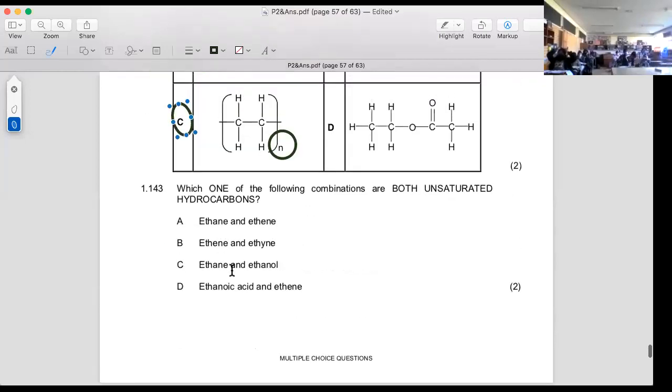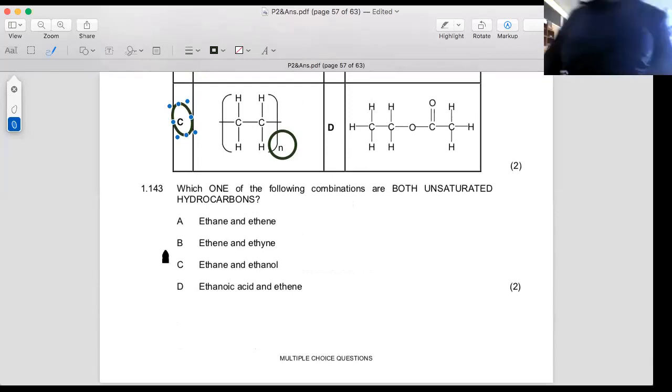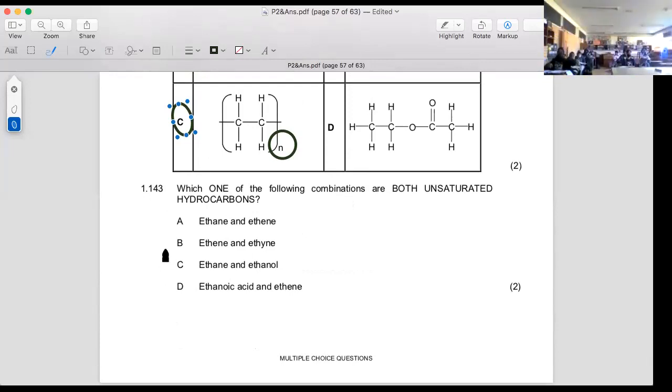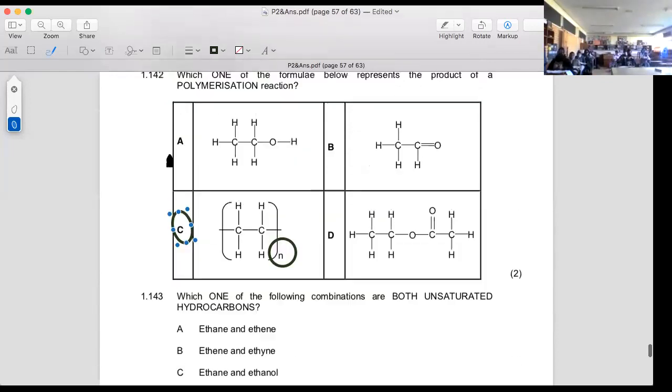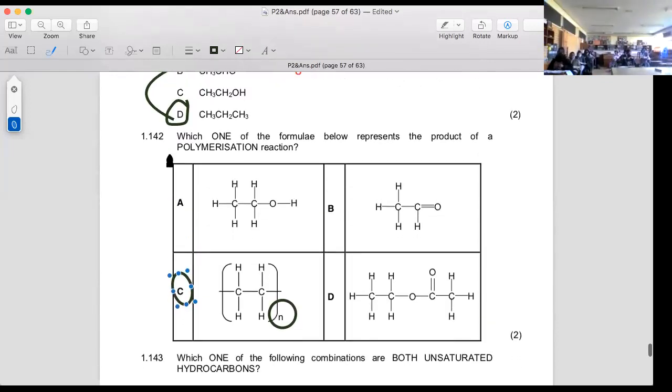You disappeared for a moment. Which one of the following combinations are both unsaturated hydrocarbons? Okay, just look at it and get an answer. So what's the answer of the other one? For 142.